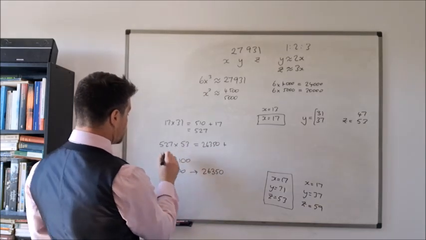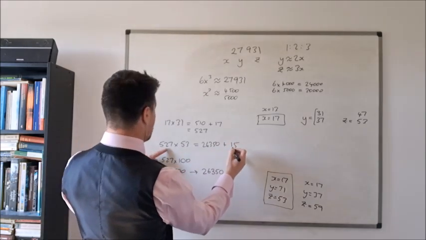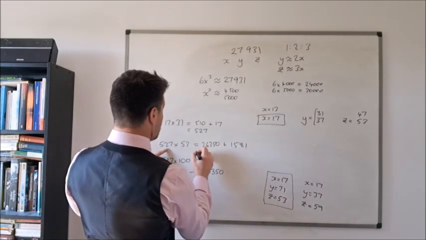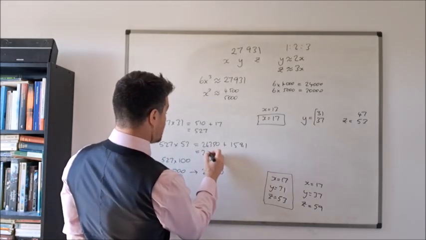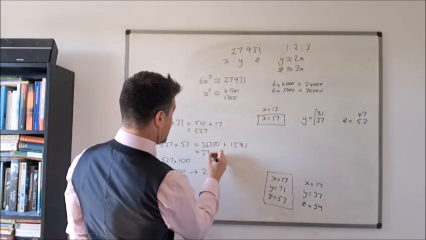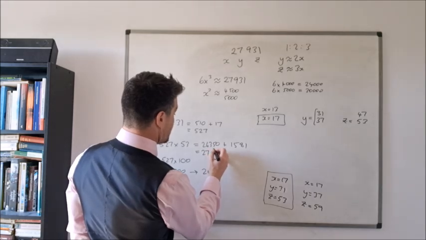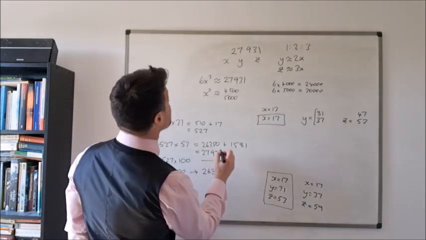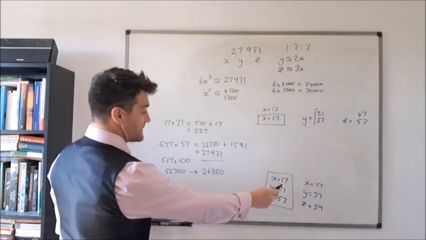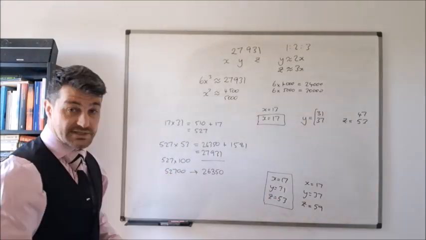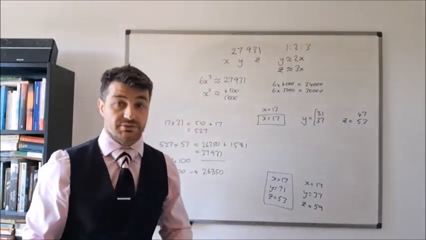Plus 3 times this, which is going to be 1,581, which is 27,931. Is that right? Yeah, there we go. So x is equal to 17, y is equal to 31, z is equal to 53 is the solution to our problem.